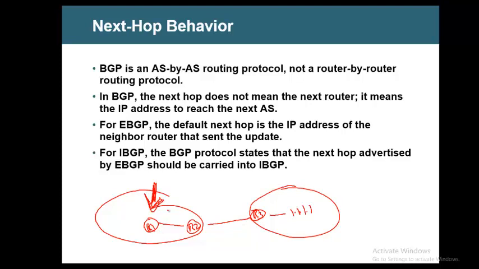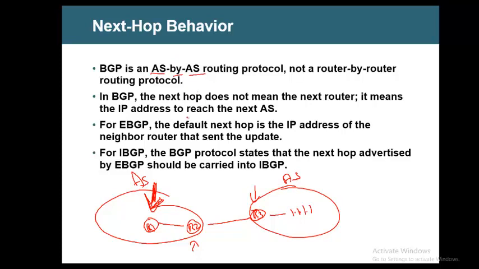When I learn 1.1.1.1, the next hop address will not be the address of R2, it will be the address of R3. Why? It is an autonomous system by autonomous system routing protocol. BGP is autonomous system by autonomous system routing protocol.